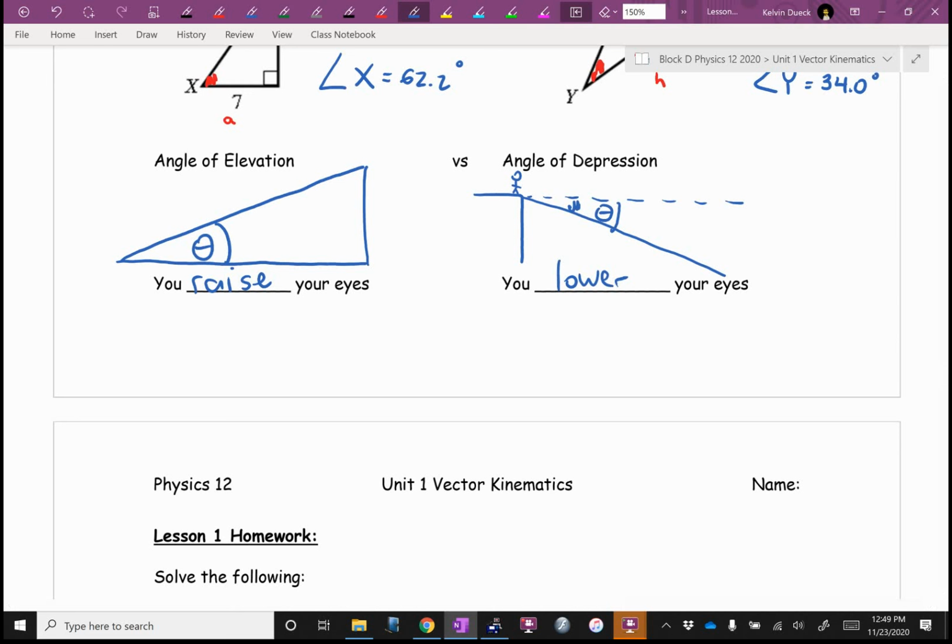There's going to be a bit of a problem here. You'll often have a question where they've given you the angle of depression, but they want you to solve that triangle. And the problem here is this angle is not in that triangle.